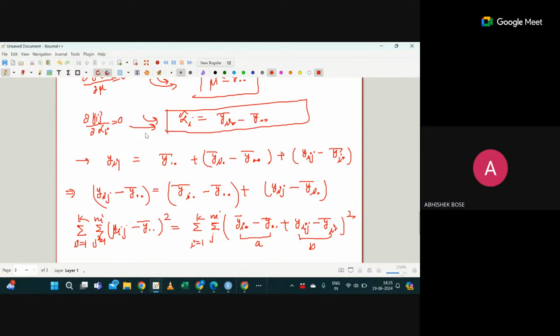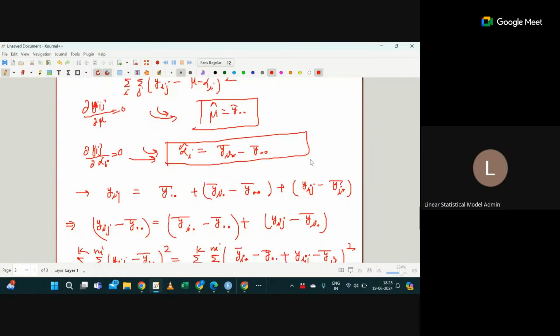Is epsilon over all the groups or for a single group? Let me check. I think it should be y_ij minus y bar double dot, and then y bar i dot minus y bar double dot plus... no, I don't think it should be y_ij. It should be y bar i dot, right? So it will cancel out.